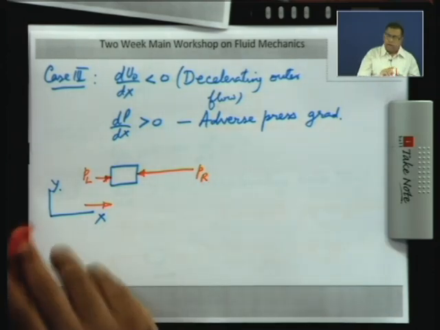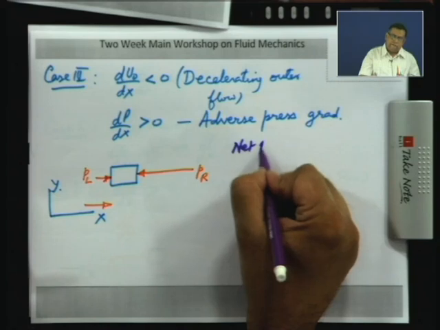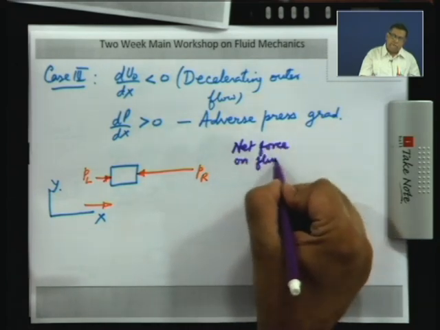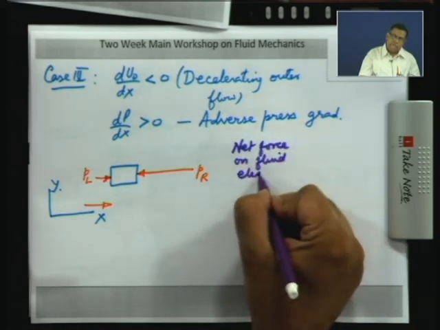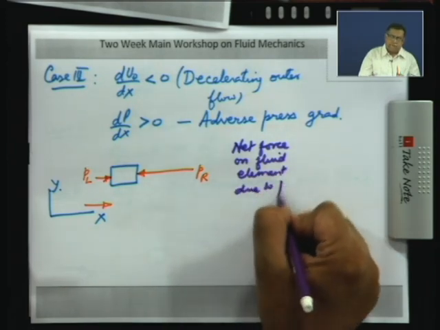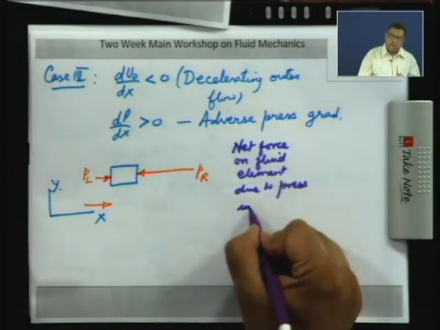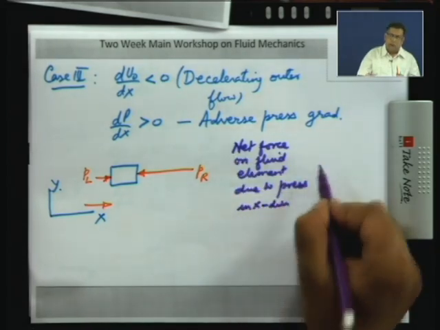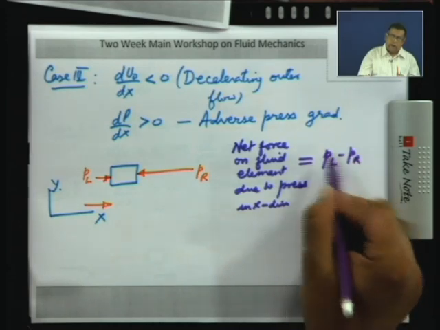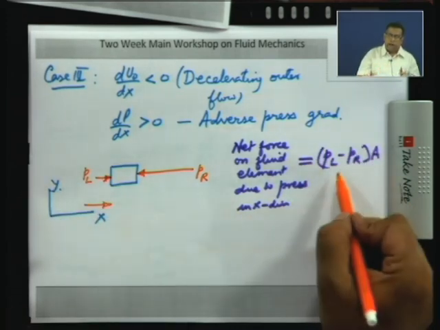So, if you want the net force on the fluid element due to pressure in the x direction, this is again going to be PL minus PR into the area, but now you see that PR is larger than PL.